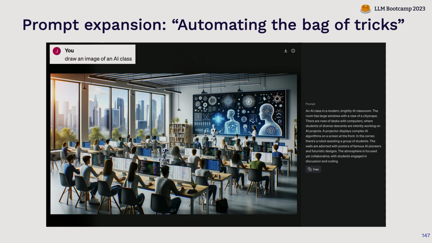But what's going on behind the scenes is that GPT-4 is taking my input and transforming it into something much more specific, that follows the rules and best practices of prompt engineering for the image generation model DALL-E. The way GPT-4 interpreted "draw an image of an AI class" is this much more detailed prompt on the right, which was the raw thing passed to DALL-E, because DALL-E performs well with prompts in this format.